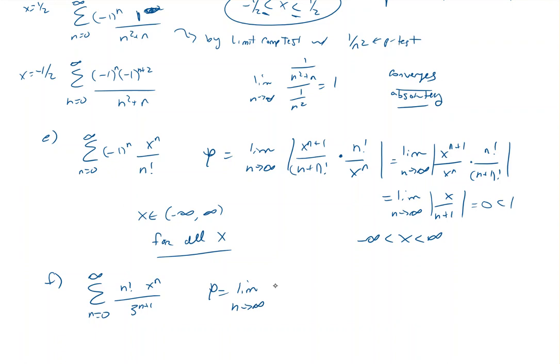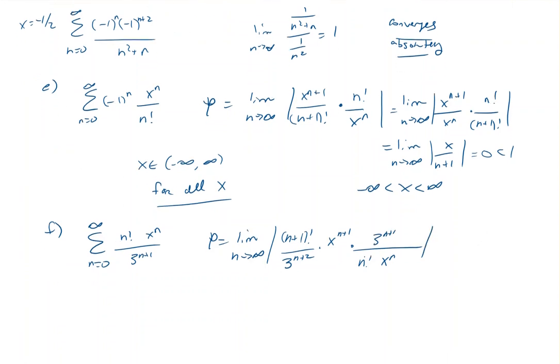So now we're going to come over here and say, all right, we have n plus 1 factorial, 3 to the n plus 2 times x to the n plus 1 times the reciprocal of this, which is just flipping it.